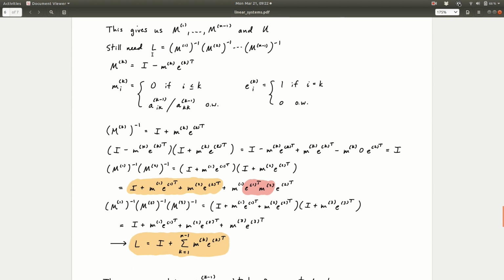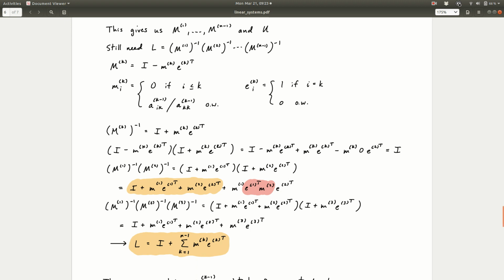Okay, the inverse of this product is just the product of the inverses in reverse order. So we have to look at what the inverses of these individual matrices are. It turns out you can write the kth matrix M in the following way: I minus lowercase m times the unit vector ek. So what do these mean? Sorry, this is called the unit vector k.